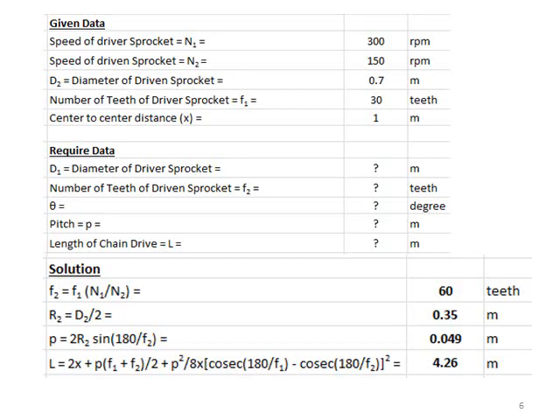To make things simple, I have solved the problem on chain drive in an Excel sheet. You can easily download this Excel sheet and scroll down through the given data, required data, and then the solution, to see what type of formulas I have used to get the required data.